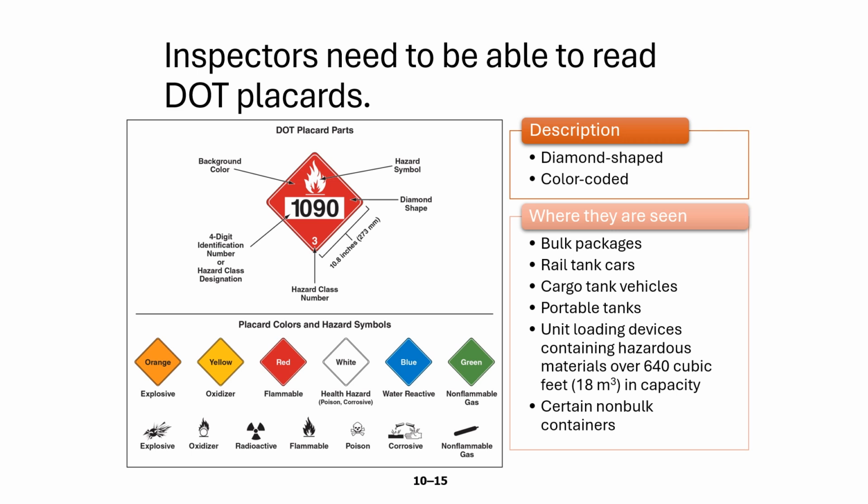So we all should be familiar with the diamond, the background color, the hazard class number. You've got the 4-digit identification number and what the symbol is, and that identifies and sectionalizes hazards, so us as inspectors can pick up quickly on what type of hazard we might have.